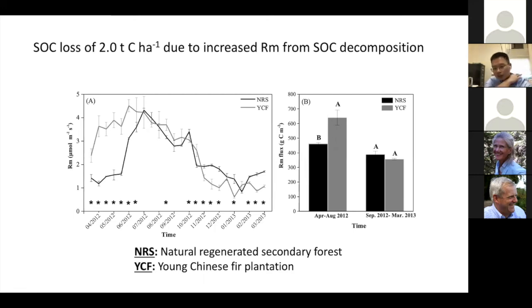I found the young Chinese fir plantation has high SOC decomposition in the first half year, and this will induce SOC losses of 2 tons of carbon from the increase of SOC decomposition.